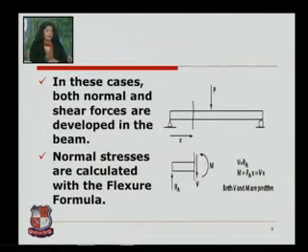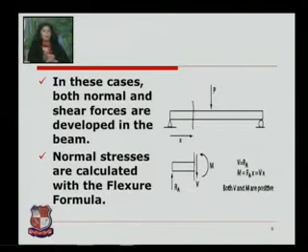So we can say that if we are taking a simply supported beam and we are taking a section X from the left support, then at section X we have a vertical unbalanced force V, which is equal to the reaction at support A, that is RA, and a sagging moment, that is RA into X, or we also call it V into X. So normal stresses are calculated with the flexure formula.